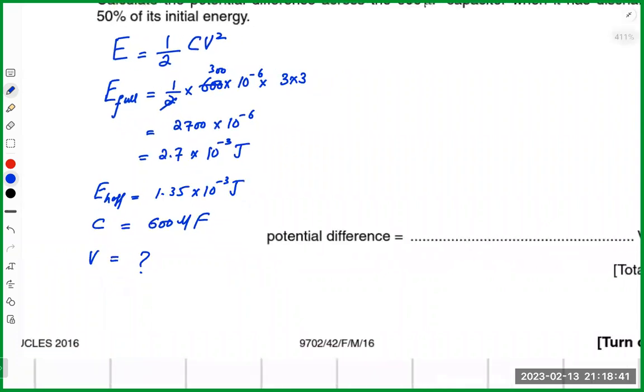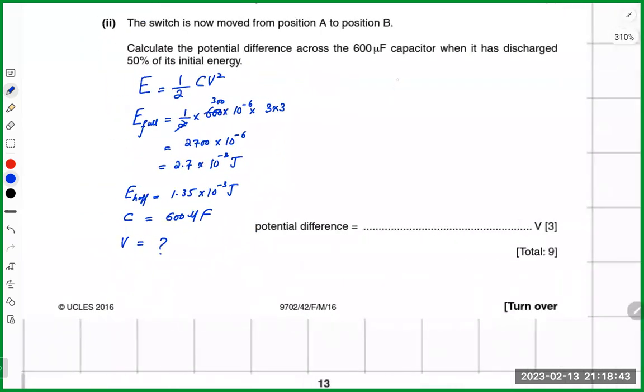Now, 1.35 into 10 to the power minus 3 equals 1 over 2 into C, which is 600 into 10 to the power minus 6, times V square. So V square equals 2.7 into 10 to the power minus 3 divided by 6.0 into 10 to the power minus 4.